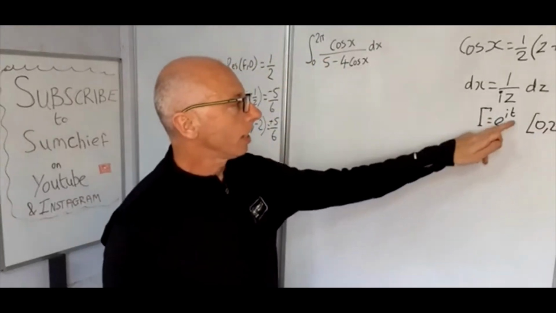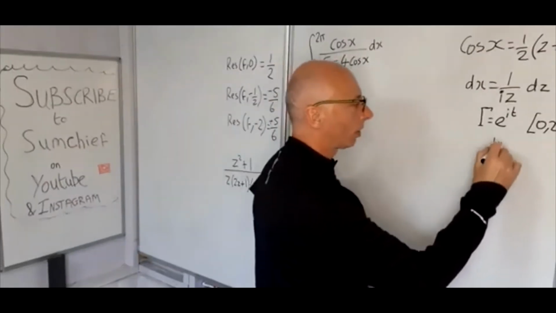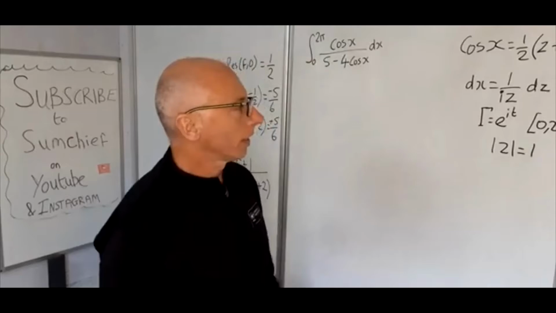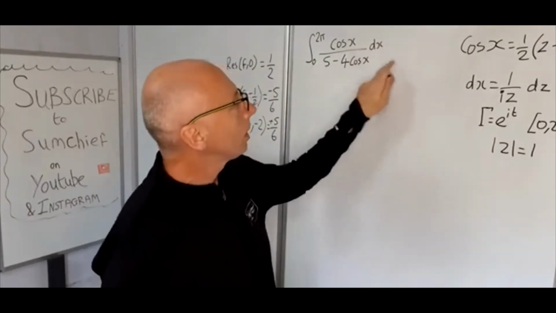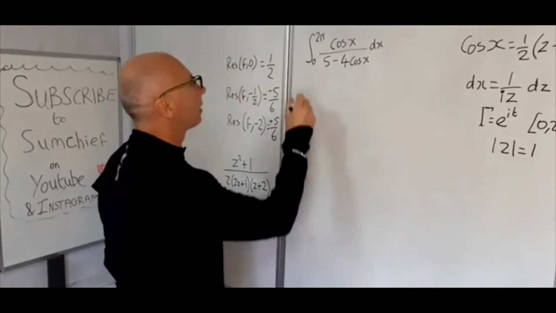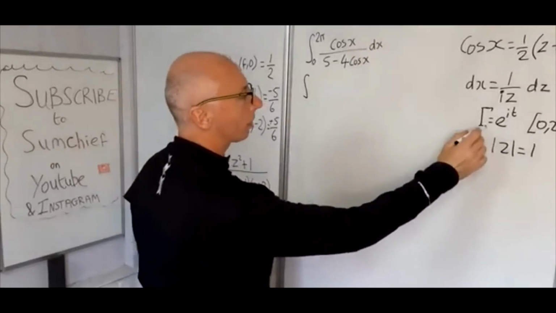Okay, now this here is just the unit circle where |z| equals 1. Okay, so that's what that is. So now we'll just transfer all this into here and go from there. So we go from 0 to 2 pi. So now what we do is we just say it's on gamma.